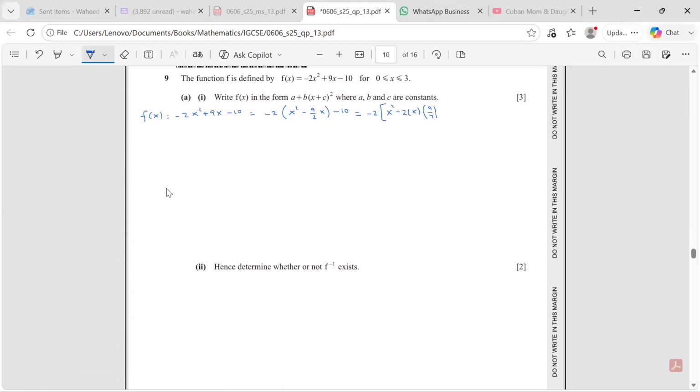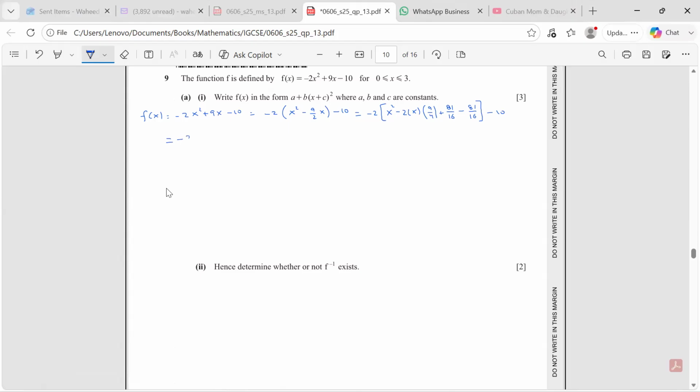And then I should have plus 81 over 16 to complete the square. If I added something, I will subtract it as well. And minus that. So this expression is exactly the same as the previous one. I hope there's no confusion here.